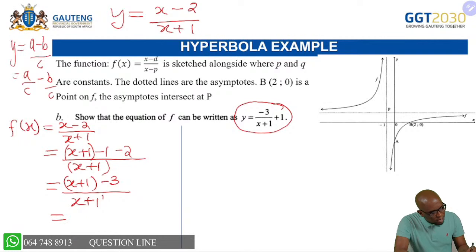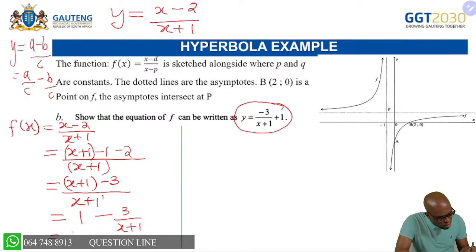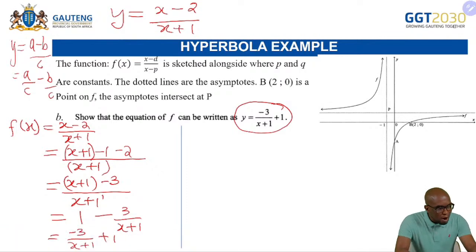So I can divide x plus 1 by x plus 1, I'll get 1. And then I can divide negative 3 by x plus 1, I get minus 3 over x plus 1. So this simplifies to minus 3 over x plus 1 plus 1. So that is how I will change this and write it in standard form.